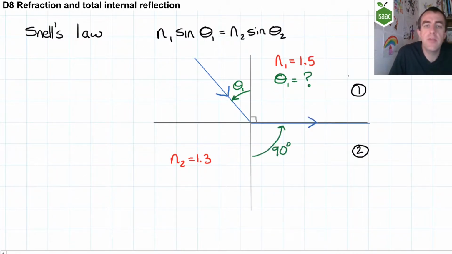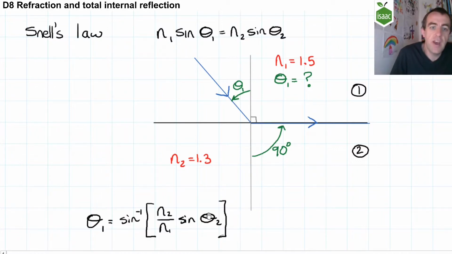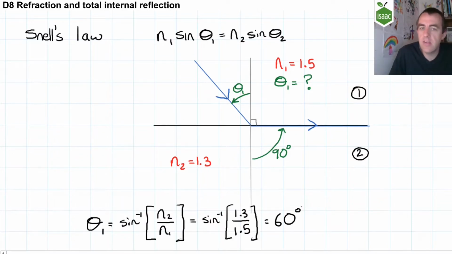We would then substitute our numbers to find what theta 1, the critical angle, would be. And any theta 1 larger than this critical angle would cause total internal reflection. Any theta 1 less than this would have refraction. The sine of 90 degrees is just 1. And in this case, the critical angle is 60 degrees.